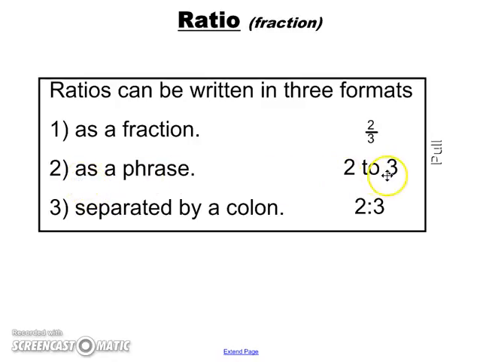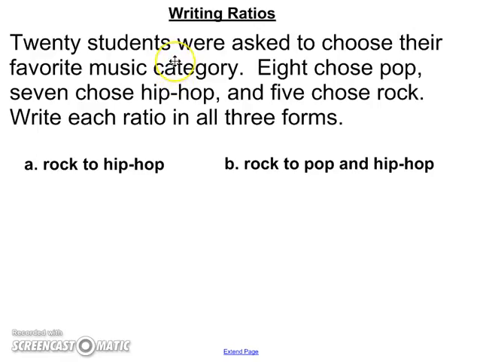Also as a phrase, 2 to 3. Or we can write it separated by a colon, 2 to 3, and that's how it would be read, 2 to 3. But most of you are going to deal with probably the fraction format. Fractions tend to be most comfortable for most students to work with, just because they've been dealing with fractions for quite a while.